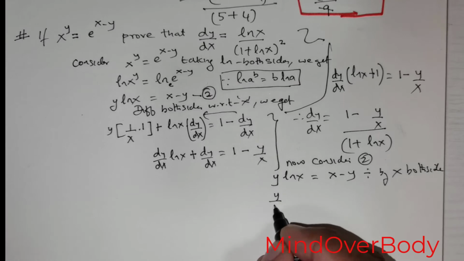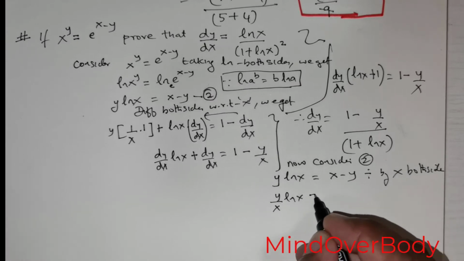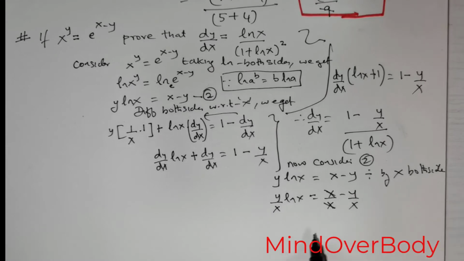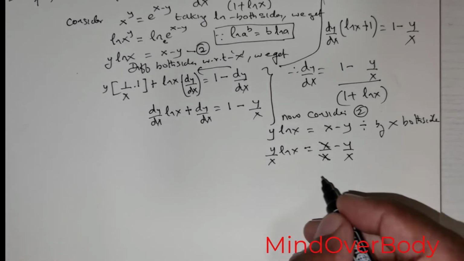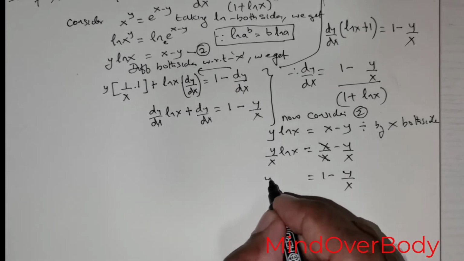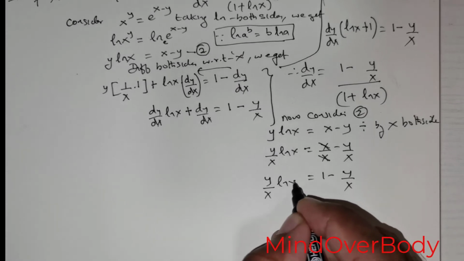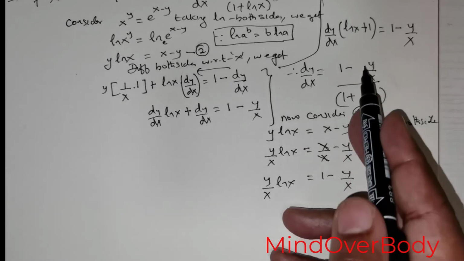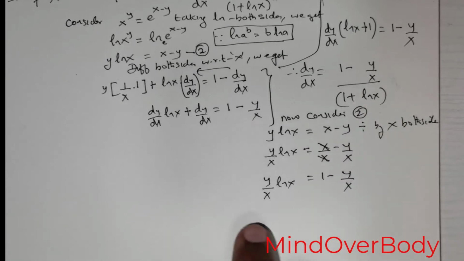This is going to be y over x times ln x is equal to x over x minus y over x. This can be cancelled, so this gives me 1 minus y over x. I know you would be tempted to use 1 minus y over x over here, but don't do that, because we still have y over x.